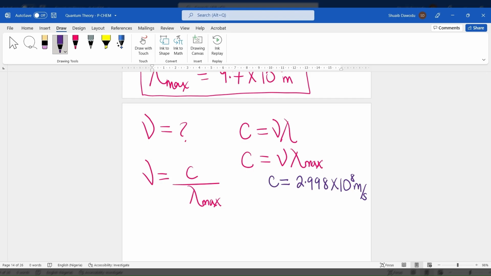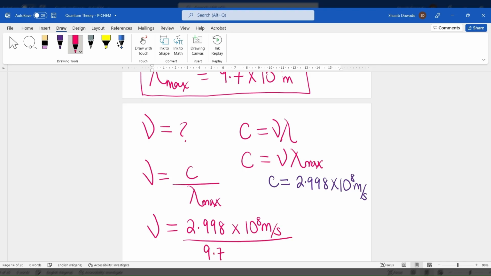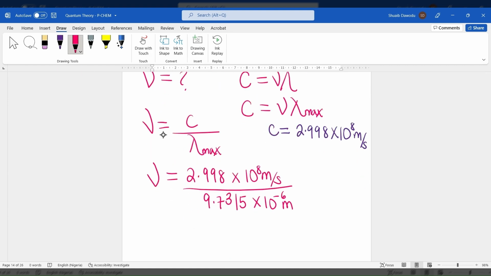So now we've got frequency is equal to 2.998 times 10 raised to the power of 8 meters per second divided by 9.7315 times 10 raised to the power of negative 6 meters. And of course, you cancel out the meters. So the frequency becomes 2.998 times 10 raised to the power of 8 divided by 9.7315 times 10 raised to the power of negative 6.